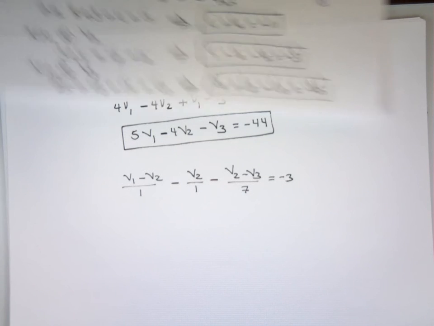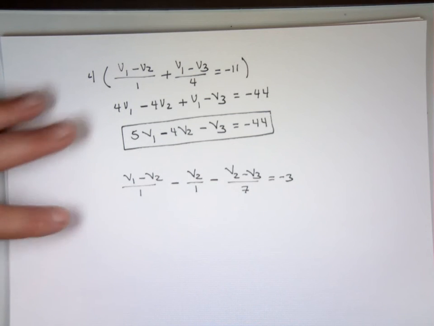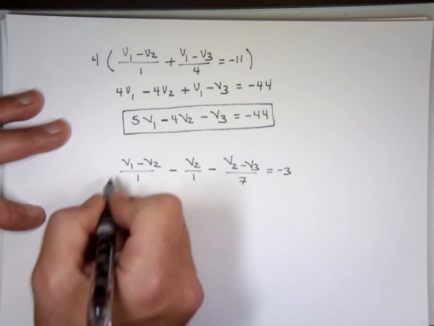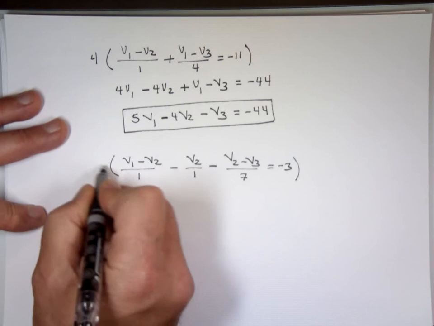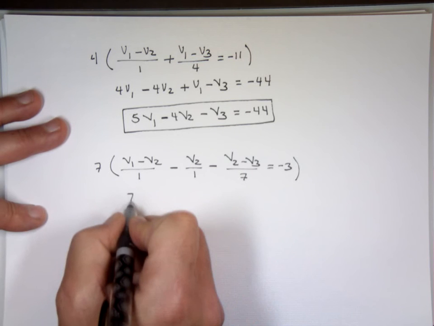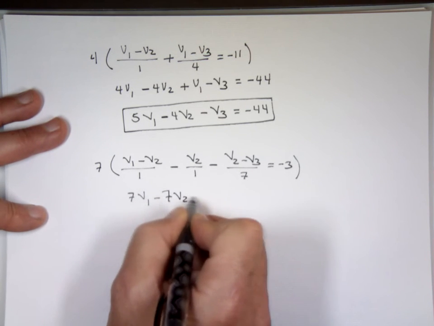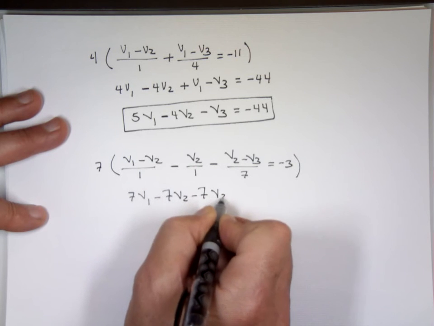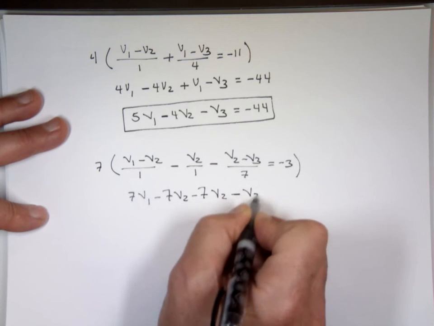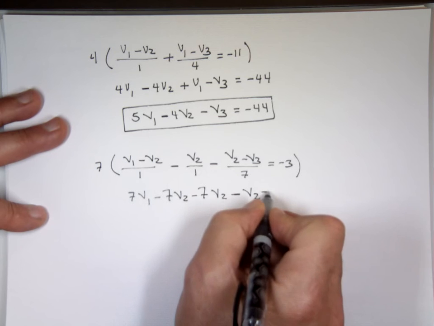And what's my LCD here? 7. 7V1 minus 7V2 minus 7V2 minus V2, minus a minus, that'll make it plus V3.